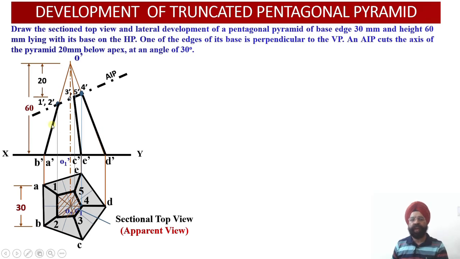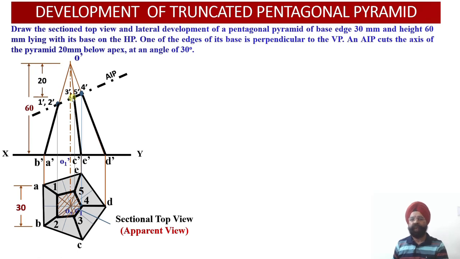O dash A dash, O dash B dash, O dash C dash, O dash E dash are all apparent lengths. Now you see the points of intersection 1 dash, 2 dash, 3 dash, 5 dash have been obtained on the apparent lengths. So in the radial line development method, I cannot draw these arcs corresponding to the distances O dash 1 dash, O dash 2 dash, O dash 3 dash, and O dash 4 dash, because I need to find out the true lengths of these cutting points.